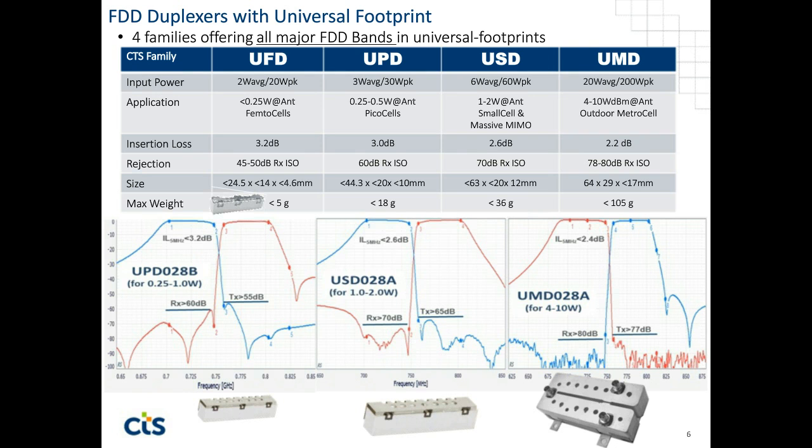We have many competitors who offer parts in that 40 to 44 millimeter size, but none of them can guarantee 60 dB receive band isolation across all the major bands, let alone in a universal footprint, let alone with the insertion loss that we're providing. Same is true with the USD, same is true with the UMD.